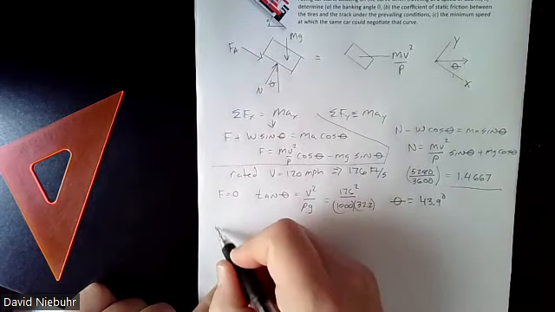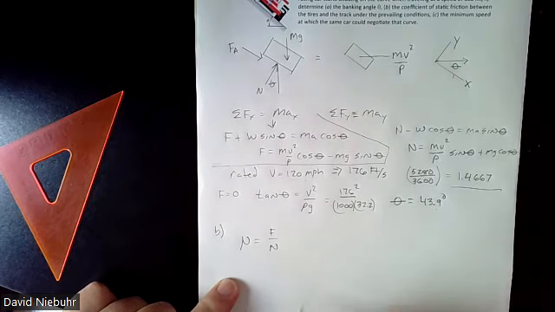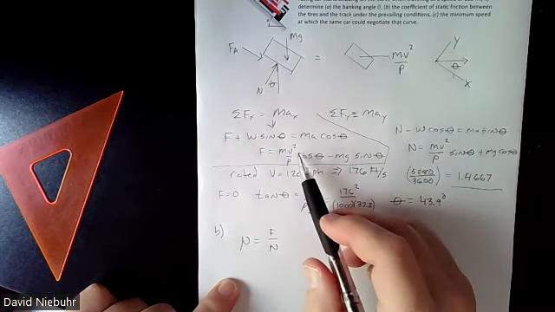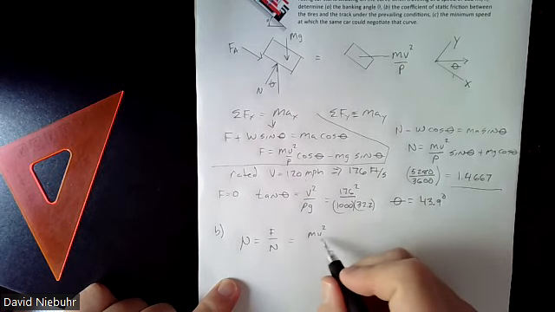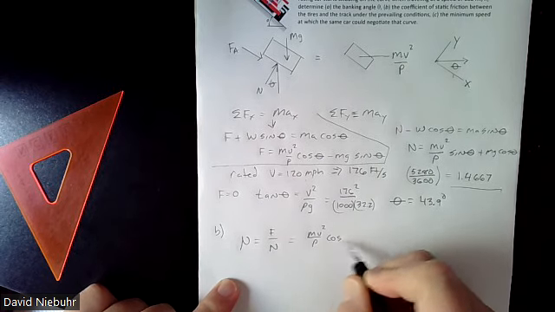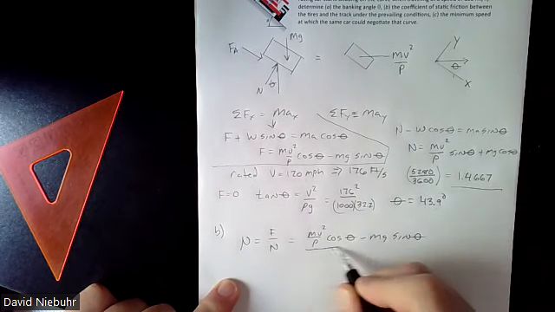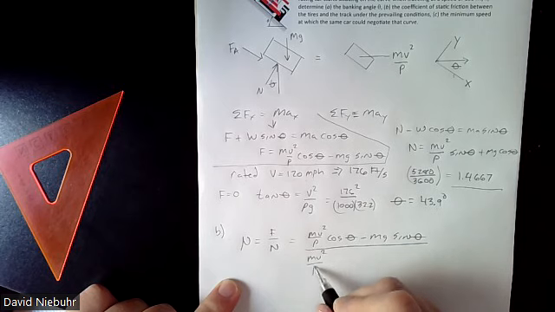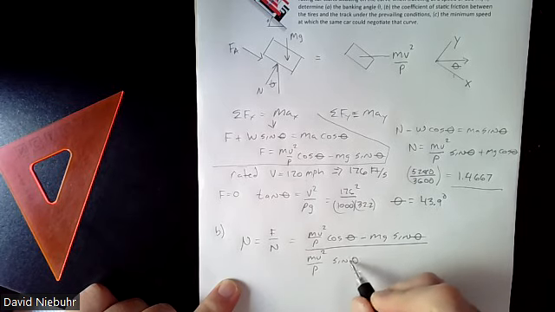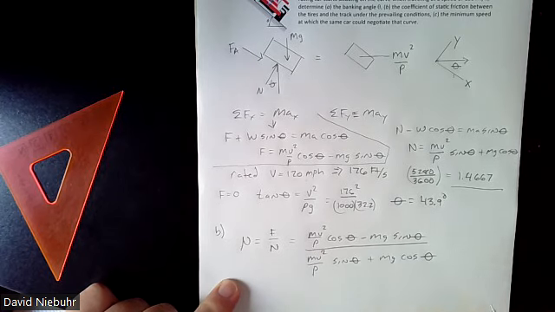So for part B, we know that mu, of course, is just the ratio of F over N. And we have a relationship for N. We have a relationship for F. So if we go ahead and solve, we get mv squared over rho cosine theta minus mg sine theta all over mv squared over rho sine theta plus mg cosine theta.